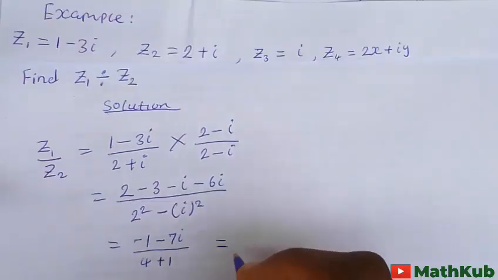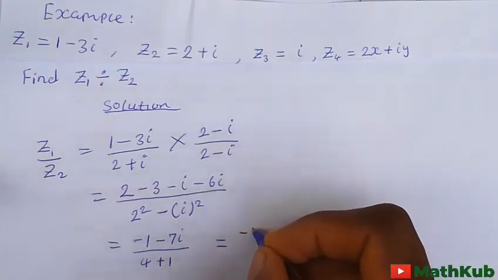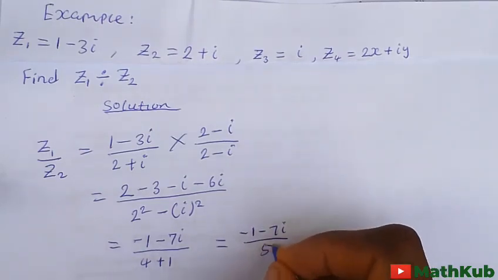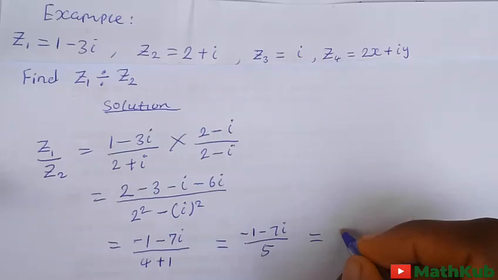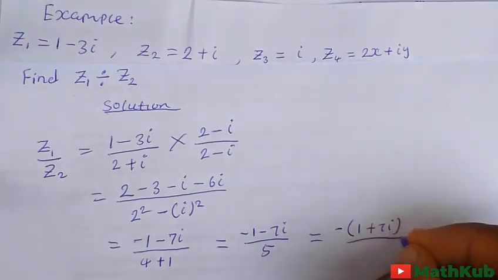This will be equal to minus 1 minus 7i divided by 5, or minus into (1 plus 7i) divided by 5.